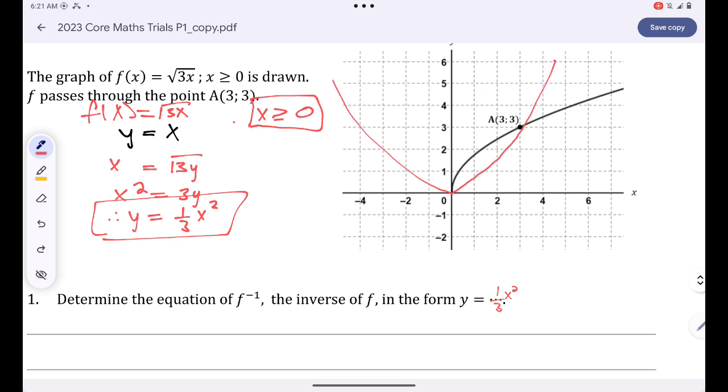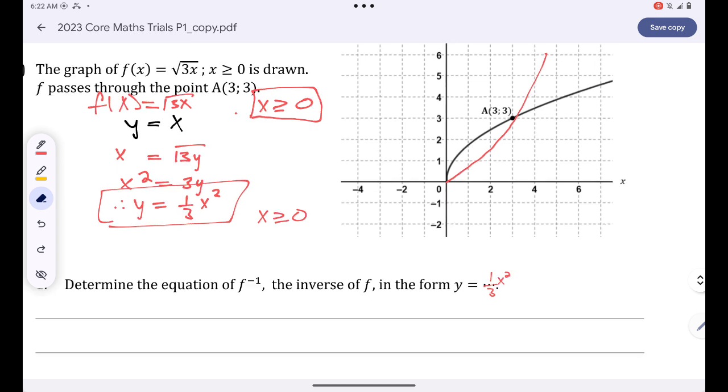Yes, my graph would be like that. However, since the original graph was restricted, so is the inverse. It has to be restricted as well, so this part over here must be removed.